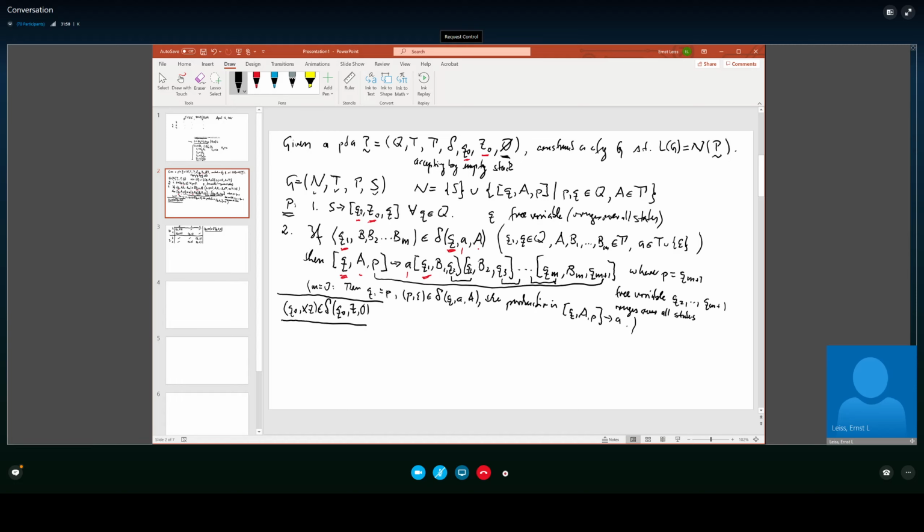So what we need to do then is, obviously we first have from rule 1, so this is, of course, S goes to R. So the initial state is Q0, and we have Z, and we have Q0, and we have also S goes to Q0, Z, and Q1.